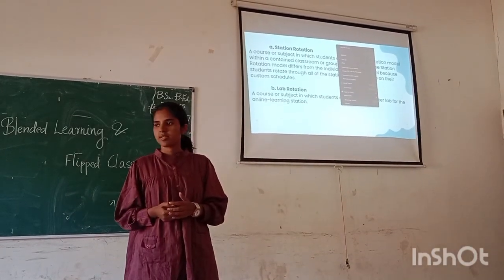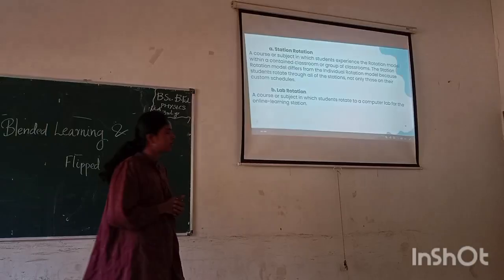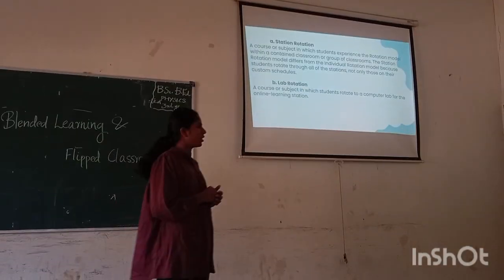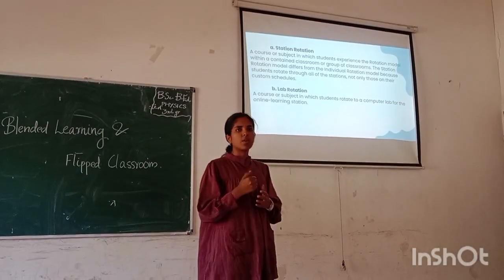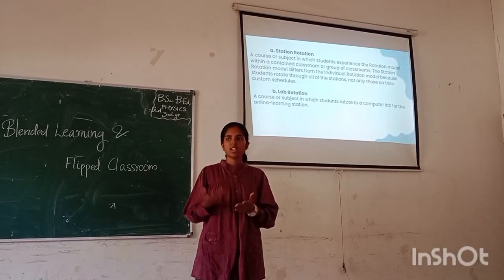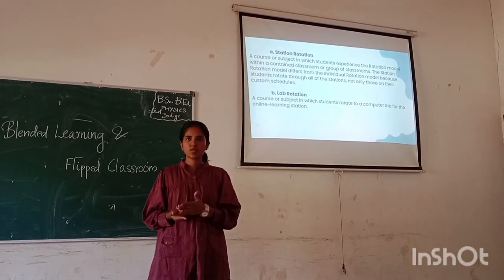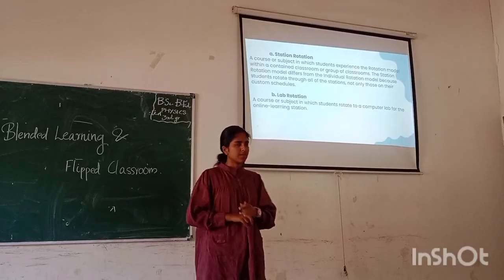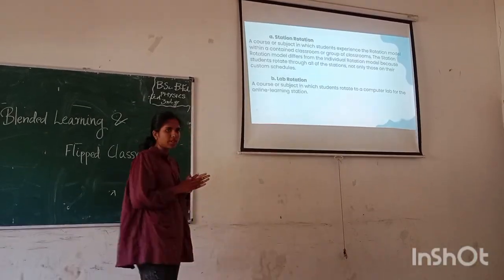So what is next? Station rotation. As I mentioned in the beginning, rotation models are classified into four: station rotation, lab rotation, flipped classroom, and individual rotation. First is station rotation.